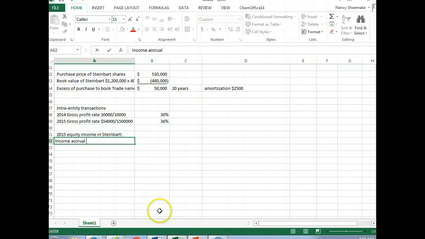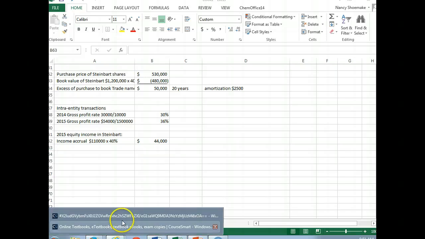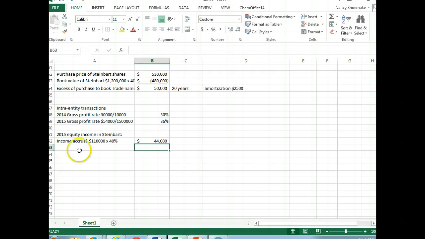So the first thing we're going to do is take the $110,000 times our ownership. 110 times 40% is 44,000. Okay? Then we need to talk about dividends. The dividends show they declared 30,000 in dividends each year.